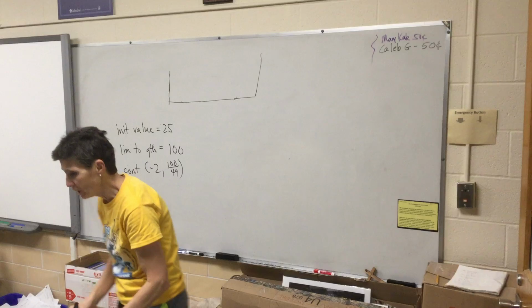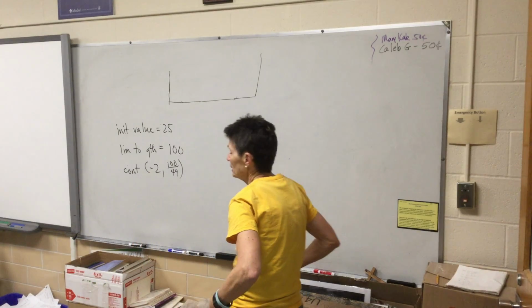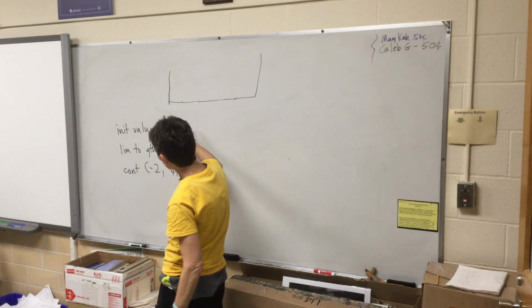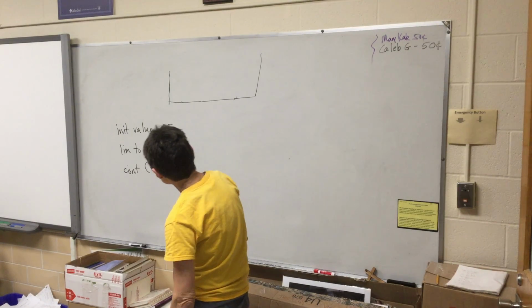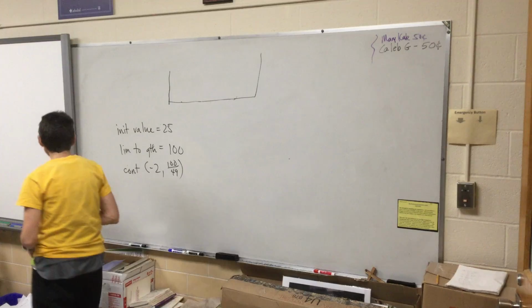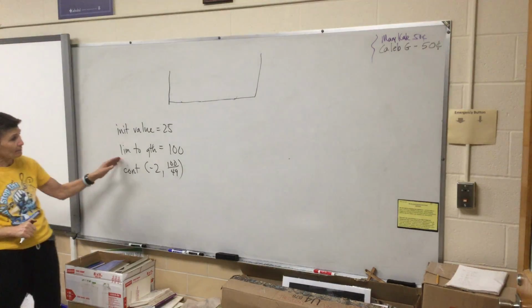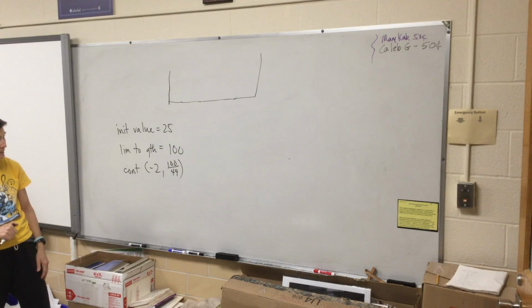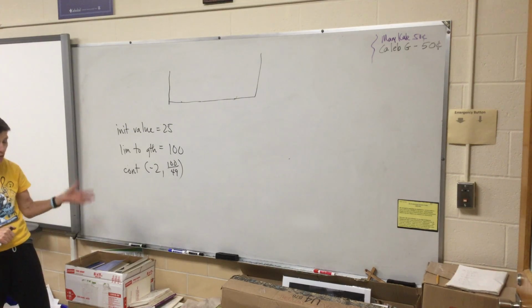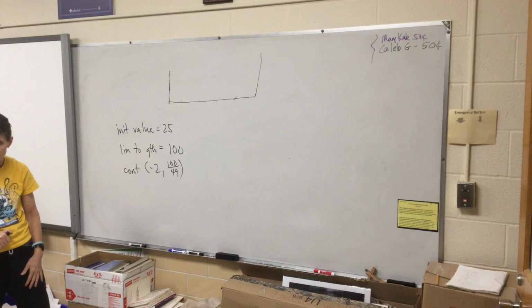This is a logistic function. So you are going to write the equation for the logistic function whose initial value is 25, whose limit to growth is 100, and containing the point -2, 149ths.